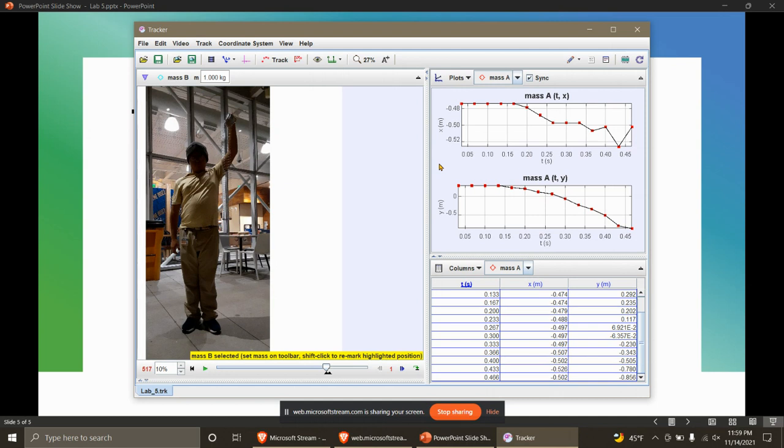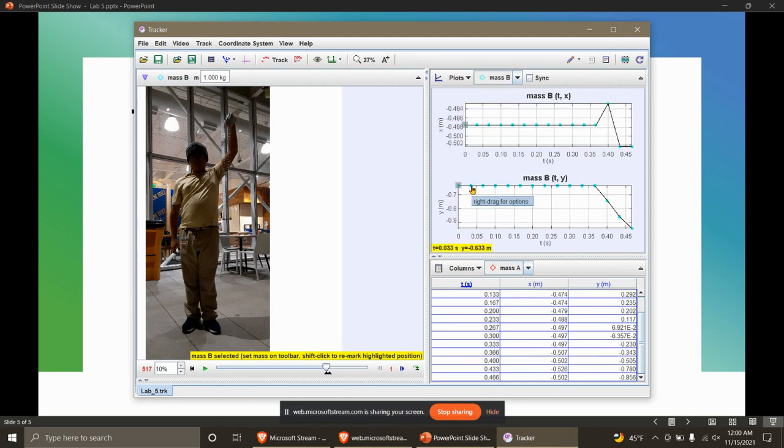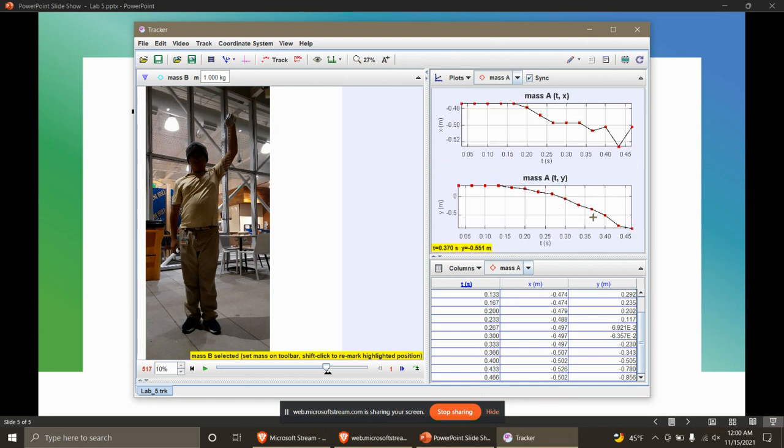So we can check for mass A the velocity and the positions, and for mass B it'll be pretty much the same as what we did for mass A, because they hit at the same time and went down at the same velocity and all that. So, excuse me, that could be one of them.